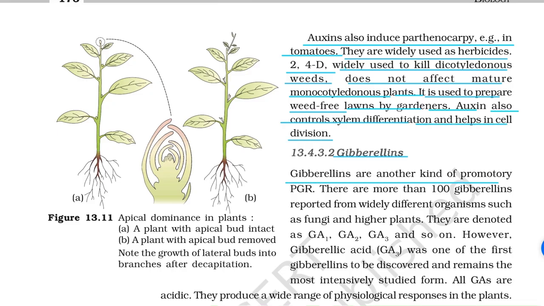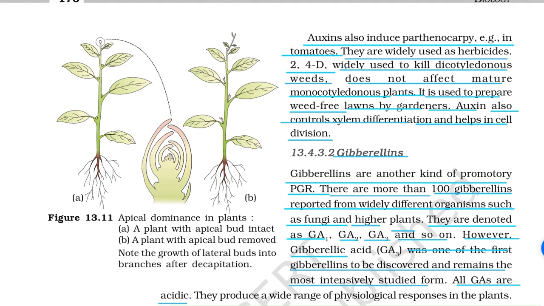Gibberellins. Gibberellins are another kind of promotory PGR. There are more than 100 gibberellins reported from widely different organisms such as fungi and higher plants. They are denoted as GA1, GA2, GA3 and so on. However, gibberellic acid was one of the first gibberellins to be discovered and remains the most intensively studied form.